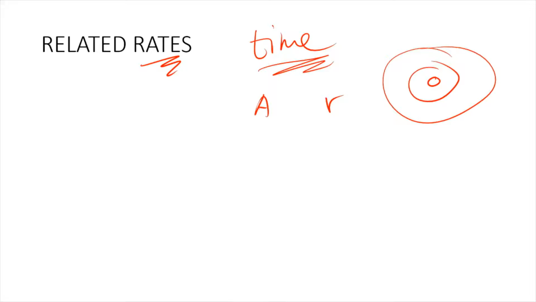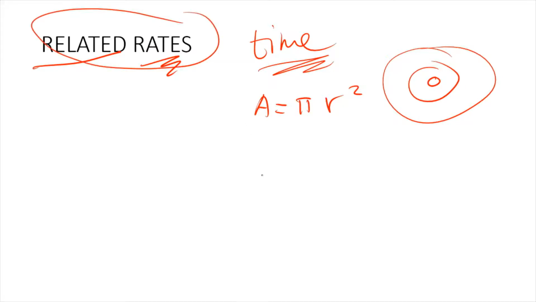And we can relate these two quantities, hence related rates, okay, using an equation or a formula. And since we assumed that the ripples are circular in shape, we can relate these two using the formula for the area of a circle. Okay, again, hence why we call them related rates.